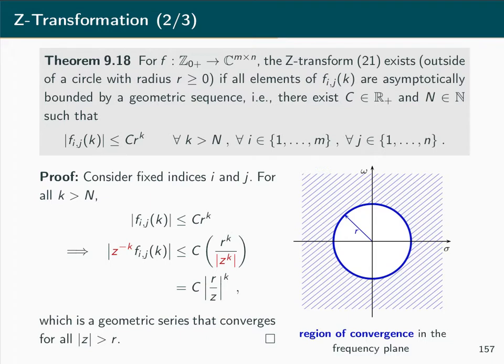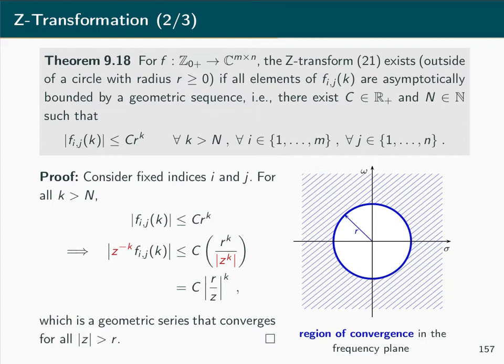This condition is obviously an analogy to the condition that continuous time functions may grow at most exponentially in order for their Laplace transform to exist. And just as the exponential condition for the Laplace transformation, this condition here is fairly general, and it will be satisfied by almost every time domain function f.